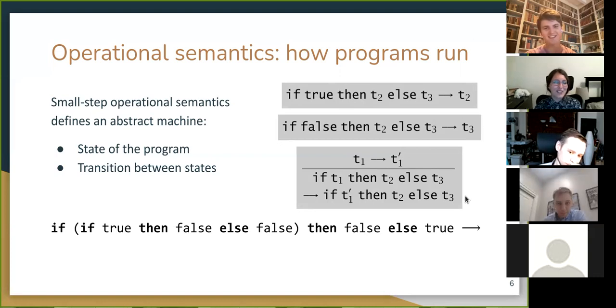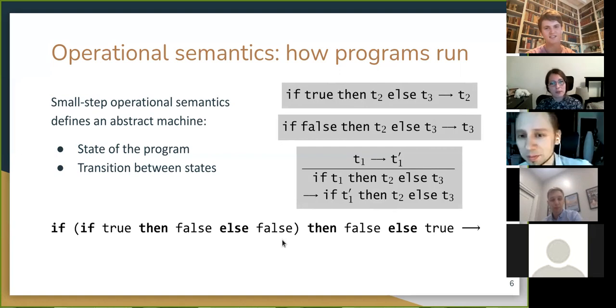You can also ignore the rules and try to apply your programming intuition, right? If you see this program, this is just an if expression that you could write in most programming languages, and you should have some intuition about what happens to this program when we try to run it.